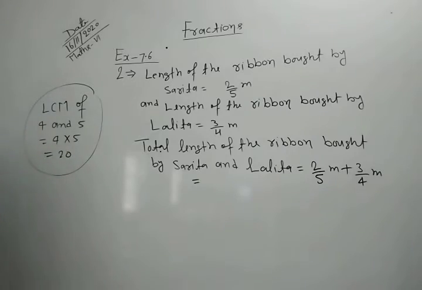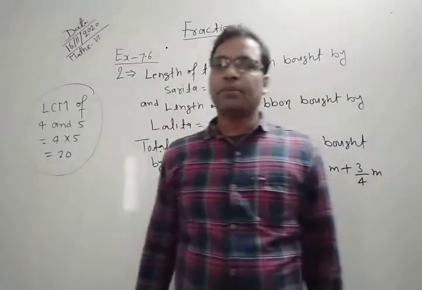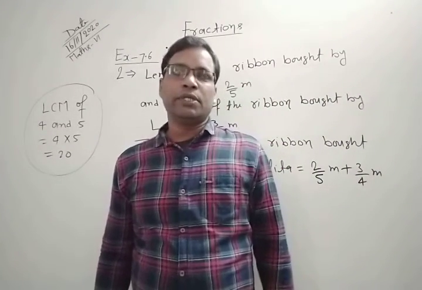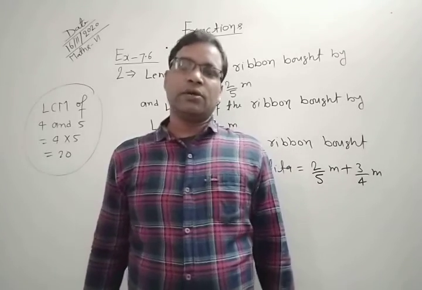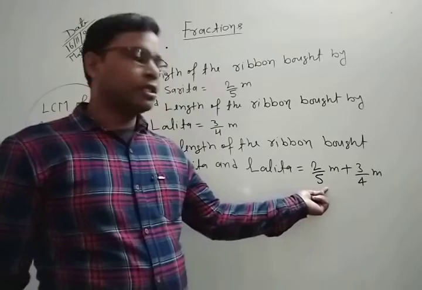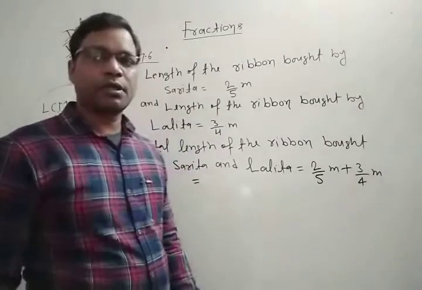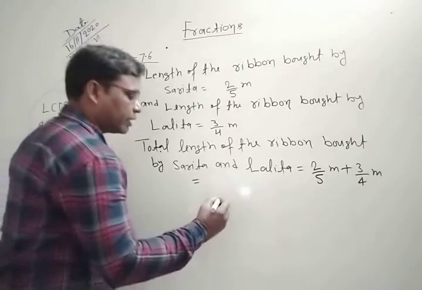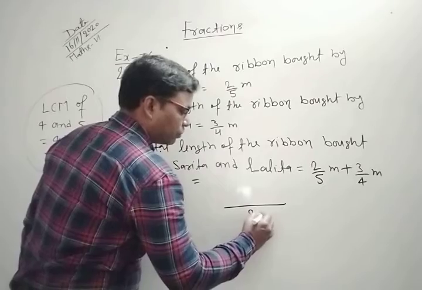Clear? Since 5 is a prime number and 4 is a composite number, and they are not multiples of each other, their LCM is their product. 5 into 4 is equal to 20.